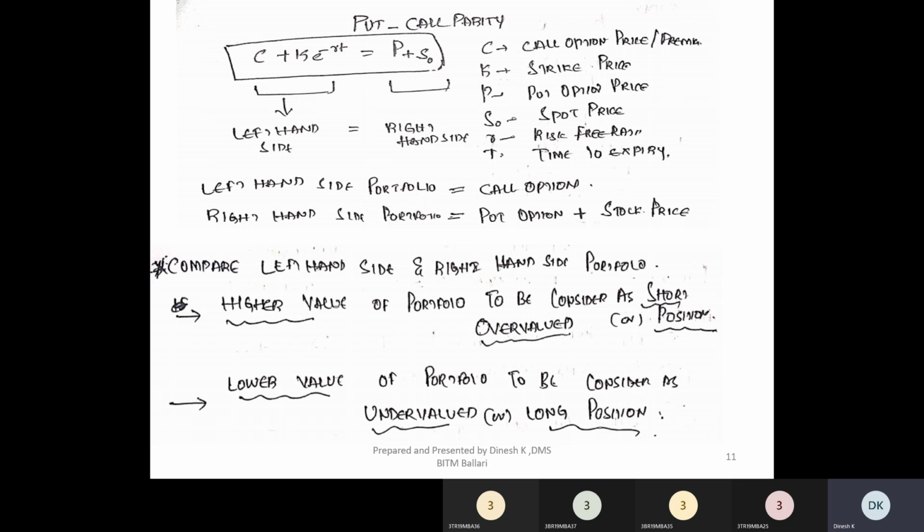Then you need to take a short on equity, right? If you take short on equity, will you receive the cash flow or do you need to pay and buy the asset there? Short on equity. If you take short sale on equity, what exactly happens in the short sale on equity?